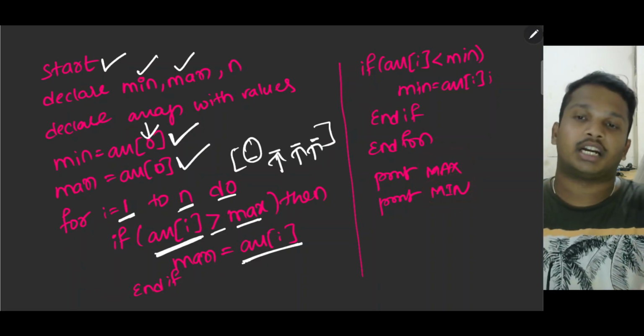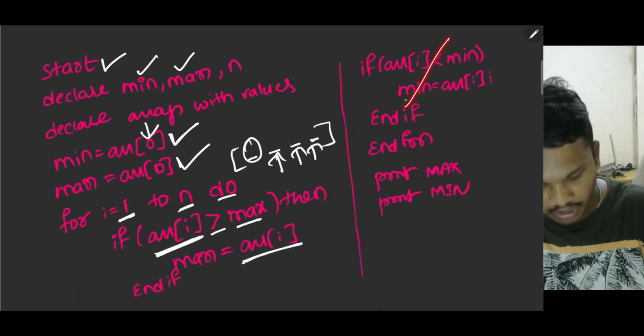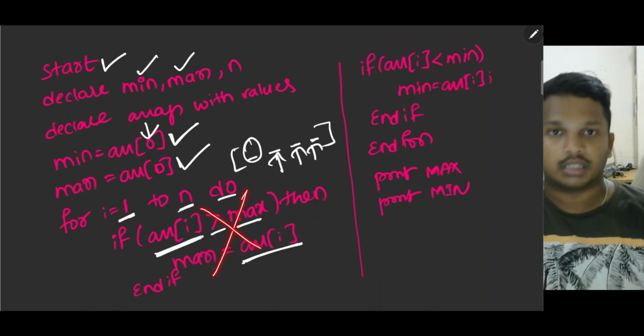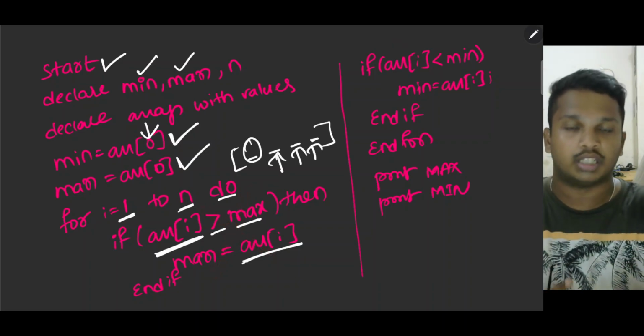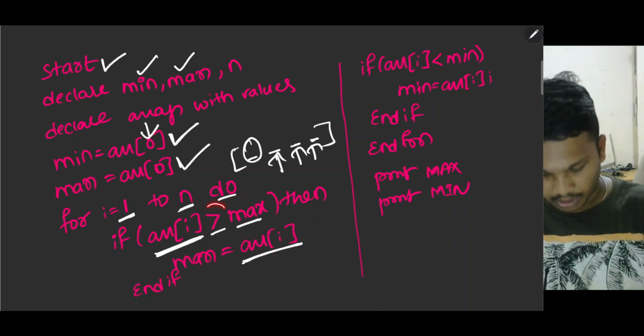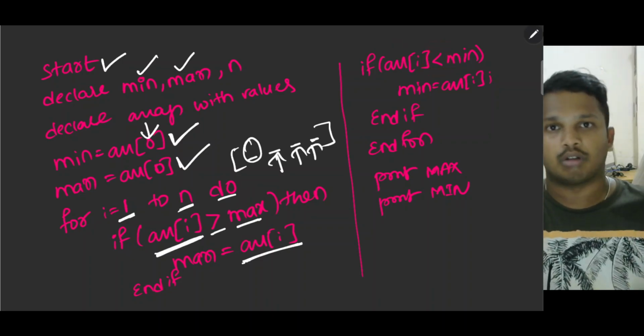In this way, I will get the maximum and minimum of the array. If you want only maximum, then eliminate these two lines. If you want only minimum, then eliminate these two lines. Then you will get only one thing. So I covered both the things. In this way, we will do the problem. And remember this: for maximum, we need to use greater than, and for minimum, you need to use less than, because we need a small value, right?